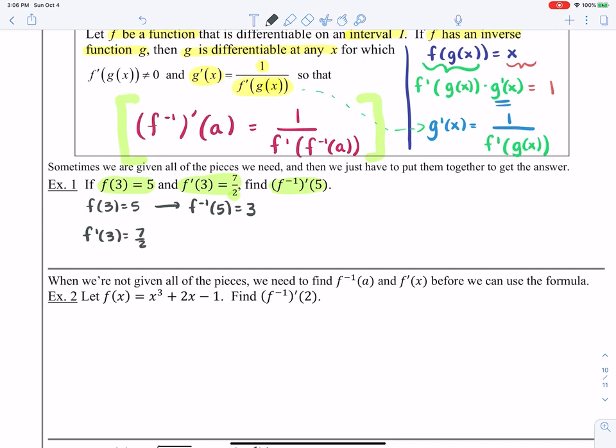So we want to find f inverse prime of 5. We're going to fill it in using this formula right here. It should be 1 over f prime of f inverse of 5.